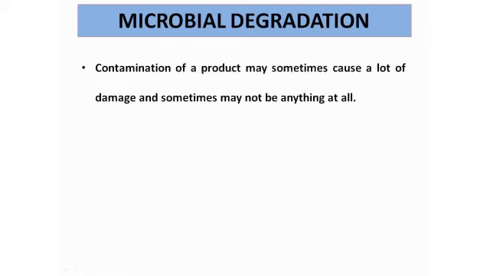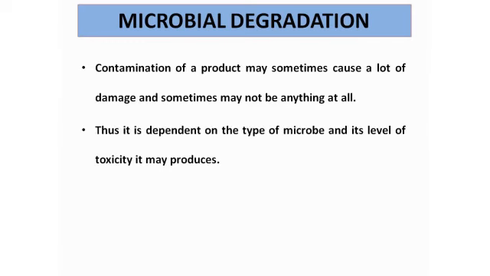Next we have microbial degradation. Sometimes it is helpful, but sometimes it is not. The microbial contamination of a product sometimes causes a lot of damage to the drug product, and sometimes it may not affect the drug product at all. So it is dependent on the type of microbe. There are some microbes which can degrade the product to a huge extent, and that can produce toxic components from the drug.